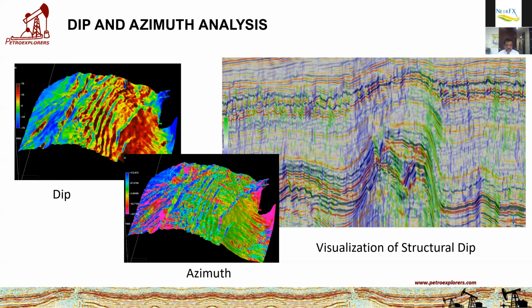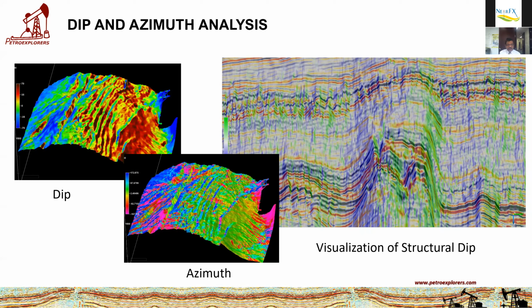Each of the small segments would have a dip and azimuth at every local reflector point. So every reflector, based on the entropy of the reflector, you would have a dip and azimuth calculated. This has been the base of many of the curvature analyses.